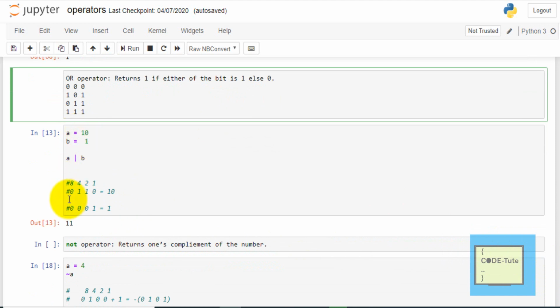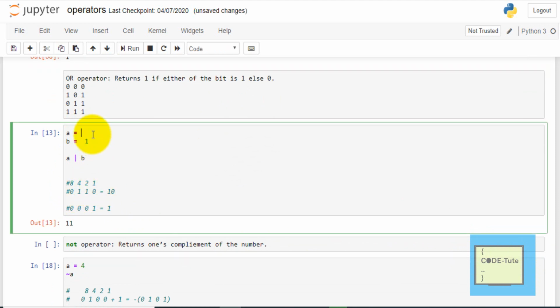10 is represented like this. It's not 10, it's 6. So 6 is represented like this, 0 1 1 0, and 1 is represented like this. So it returns 1 if either of the bits is 1, else 0. So here 0 1 gives 1, 1 0 gives 1, 1 0 gives 1, and 0 0 gives 0.